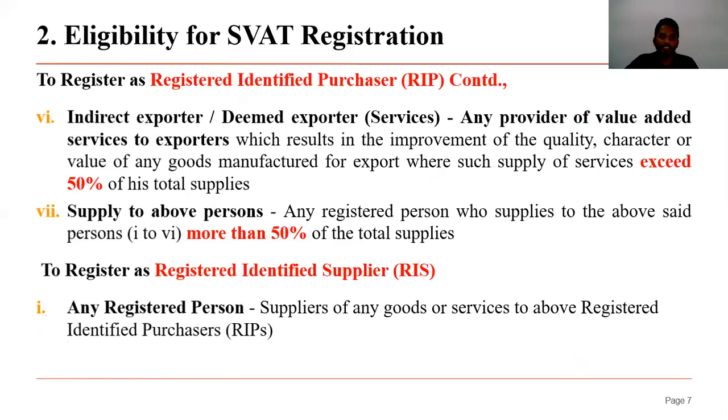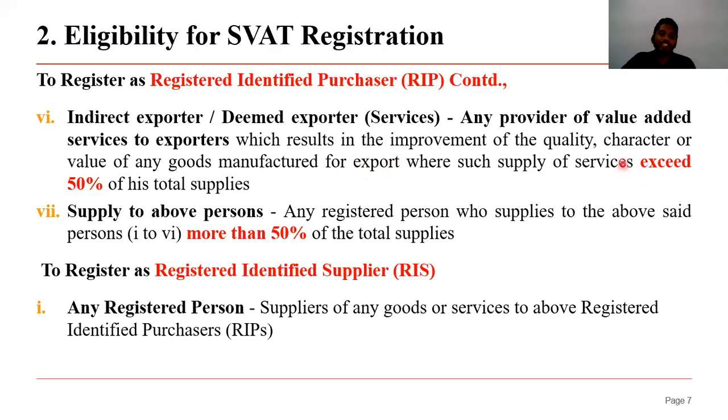Then next slide, the 6 and 7. We have deemed exporter, indirect exporter, and service provider. If such a person supplies more than 50% to a deemed exporter, any service providing company who supplies services to an exporter, then it is conditioned on the value of the goods manufactured for export.